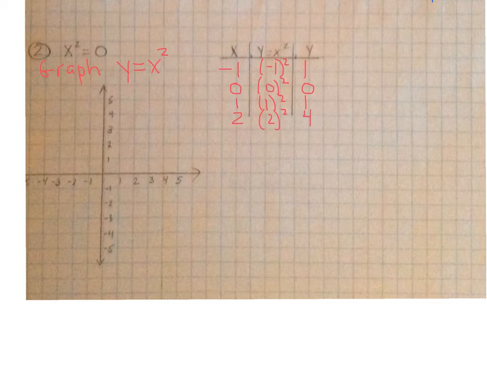So we can plot our points. We have -1, 1, 0, 0, 1, 1, and 2, 4. Okay, I'm going to reflect that last point 2, 4 to -2, 4, and then I can draw my parabola.